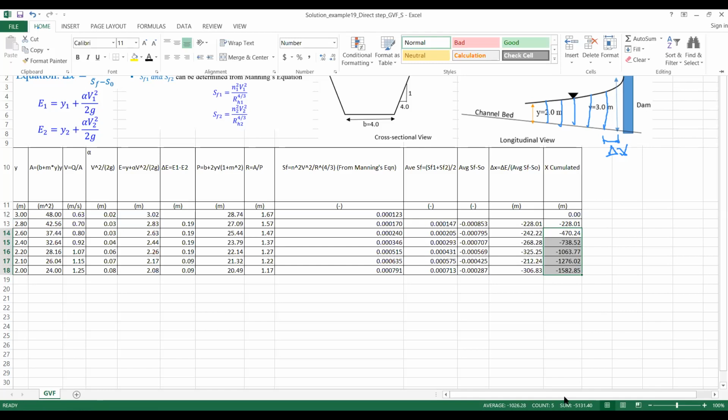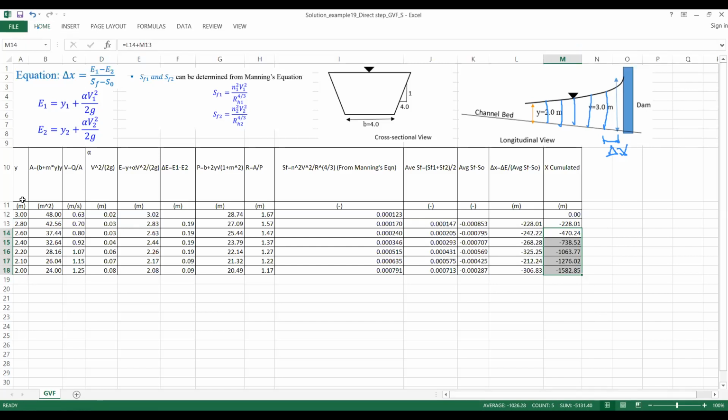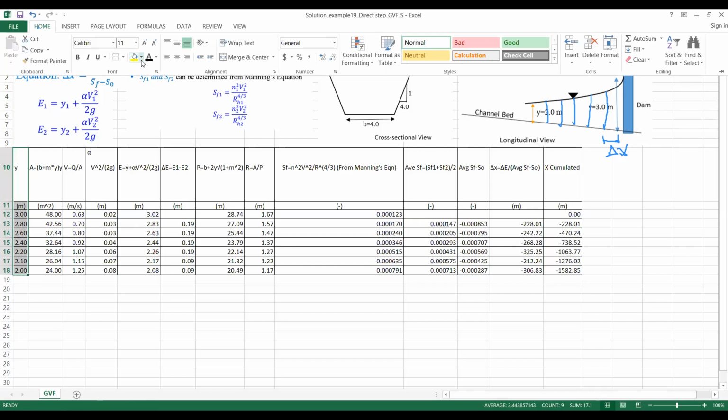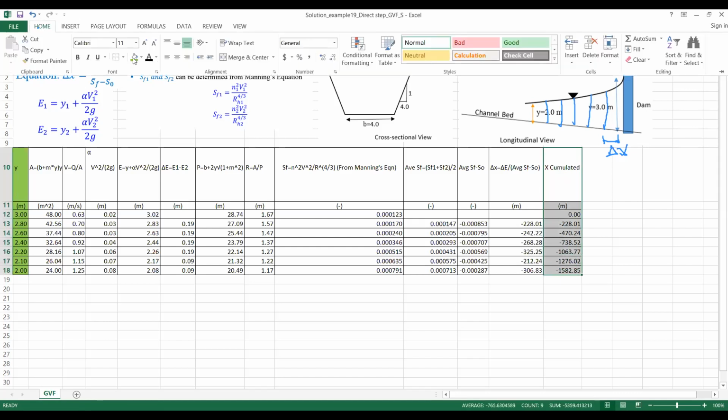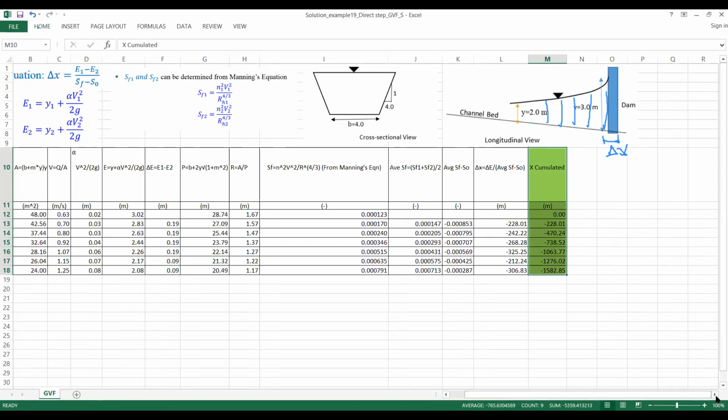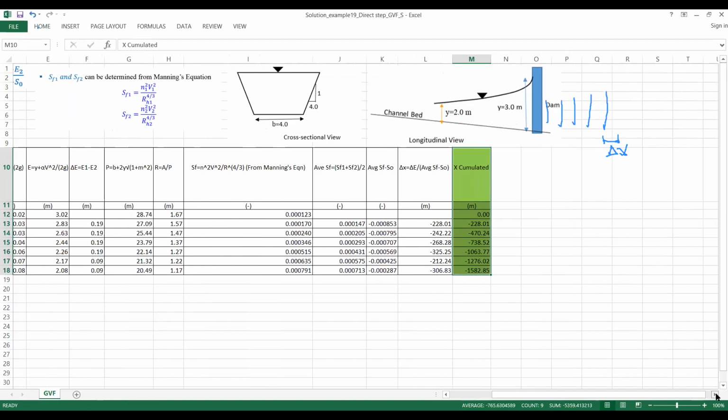So the next part is plotting. What you will plot, you will actually plot this Y, if I highlight that one, and this cumulative one, this one. If you plot these two, I already plotted, so I can show you what that will be.